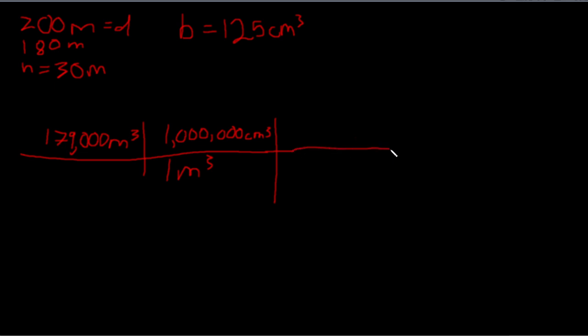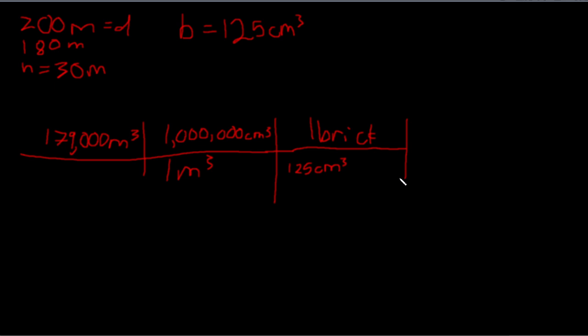Then how many centimeters cubed is a brick? 125, so we take 125 centimeters cubed per 1 brick.